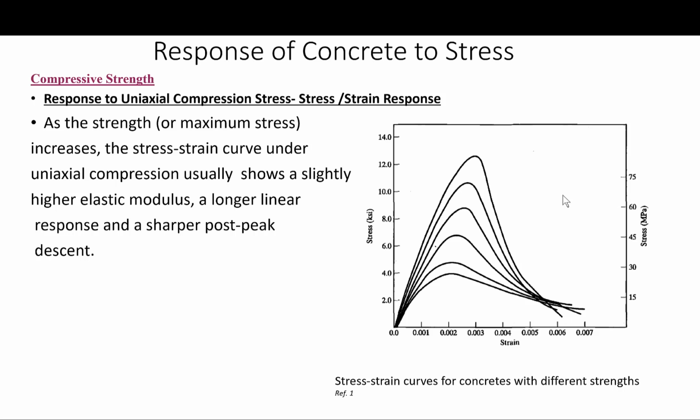The descending branch can be obtained only with functionally stiff testing machines that either do not store large amounts of energy that cause the loading frame to rebound after the specimen reaches the peak stress, or respond by reducing the load based on feedback from the test specimen, which is called closed loop testing, used to impose a specified strain rather than stress on the testing specimen. That's how we can catch this descending curve. This is just for your information.